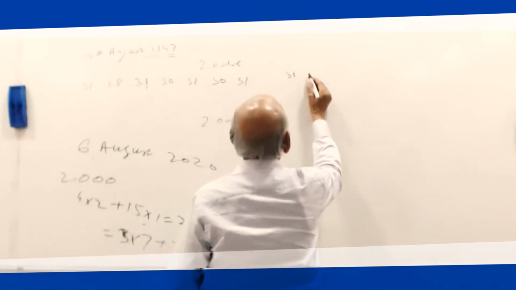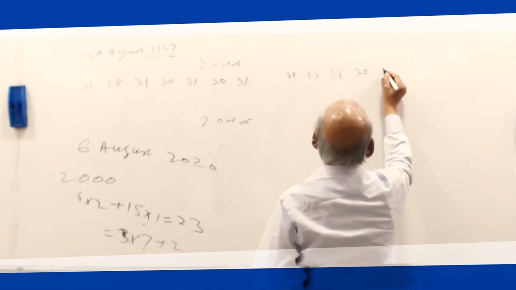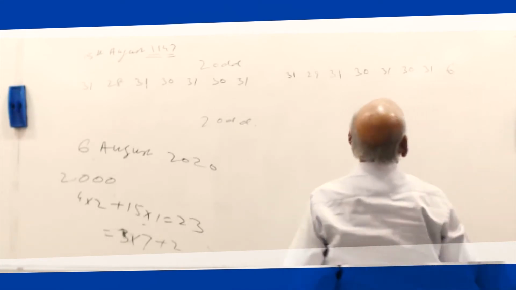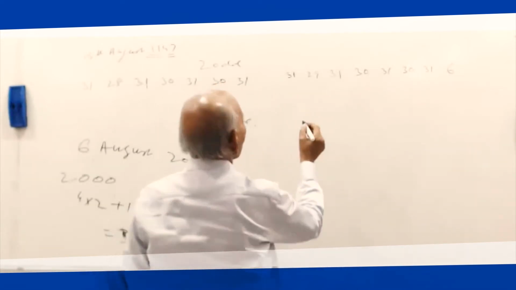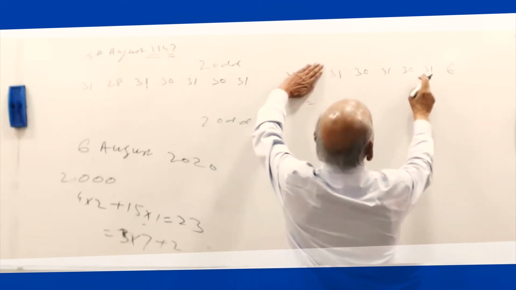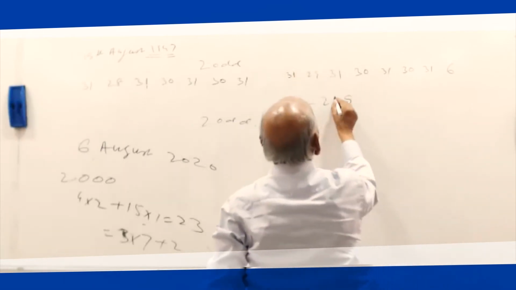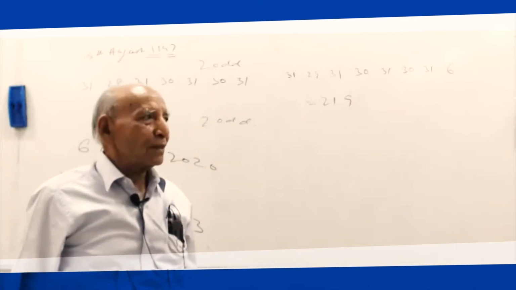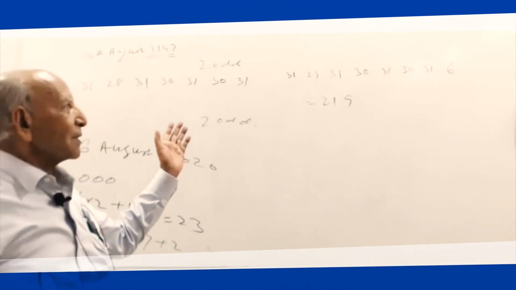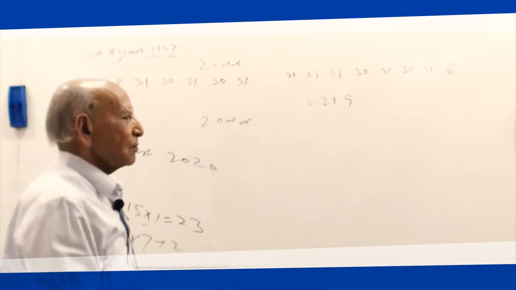Then March, April, May, June, July, then August, 6th August. So count the number of days. I have 1 day I put here. So 1, 1, 1, 9. Check it please. Then there are 7 months. So 210, so it is 219. Do the total properly. I have used some shortcuts. There are different shortcuts of different persons. Anyway, here is 219.